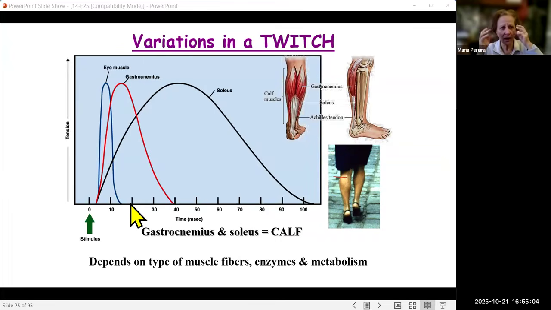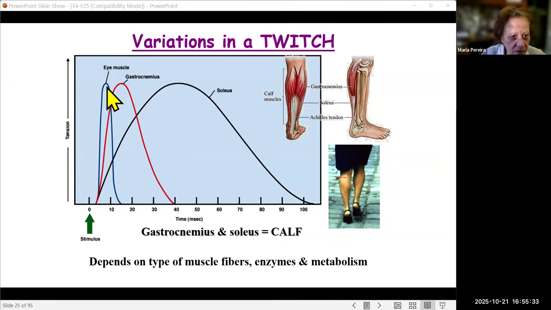If you think about the eyes, all these muscles have to move in a very, very precise manner to be able to focus. It's not like a muscle in the arm. You can move it a little bit more, a little bit less, it doesn't matter. But the muscles that control the eyeball, the movement has to be very precise and very quick. So you're going to see that there are different types of muscle fibers.